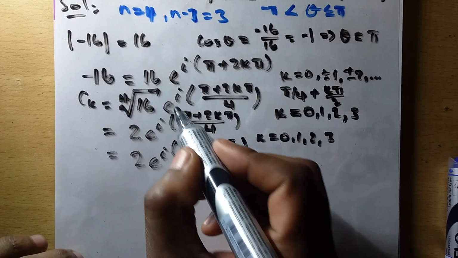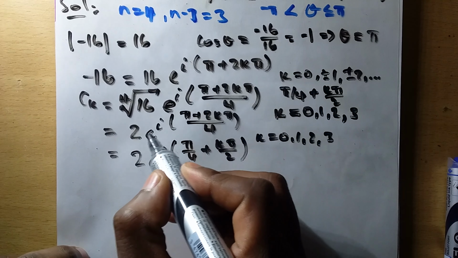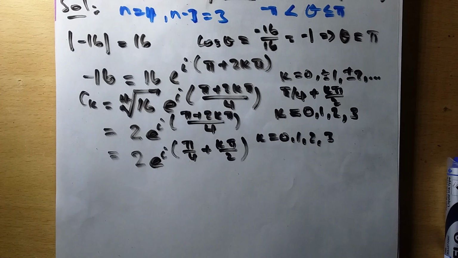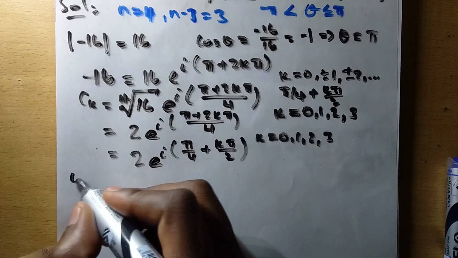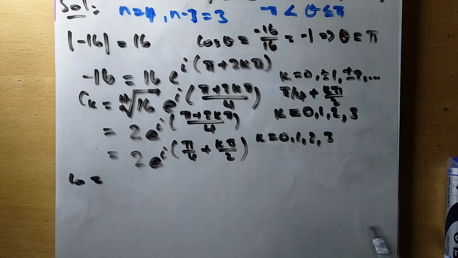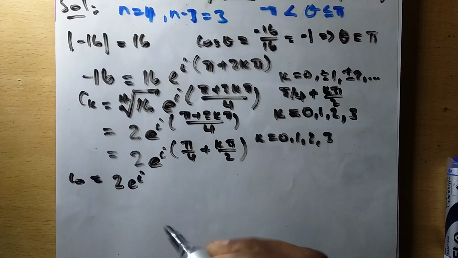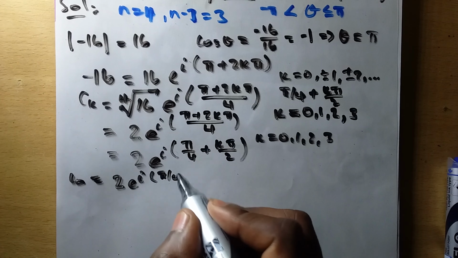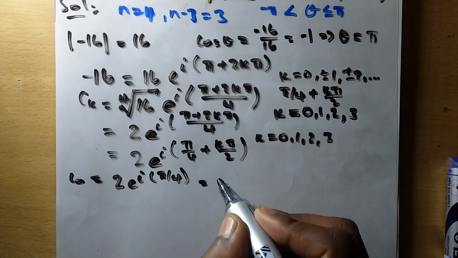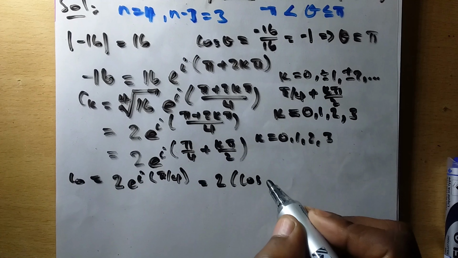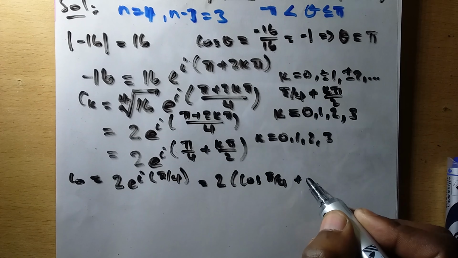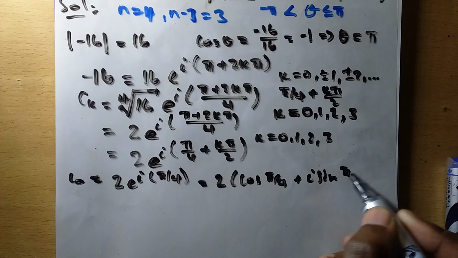Now, let me fix this. Sorry about this, guys. It's running out of color. All right, so let us go and find our c0. Guys, I'm not going to write out k equals 0 and stuff like that. By now, I believe that you know how to find that. So this will be equal to 2 times cos of pi over 4 plus i sine of pi over 4.